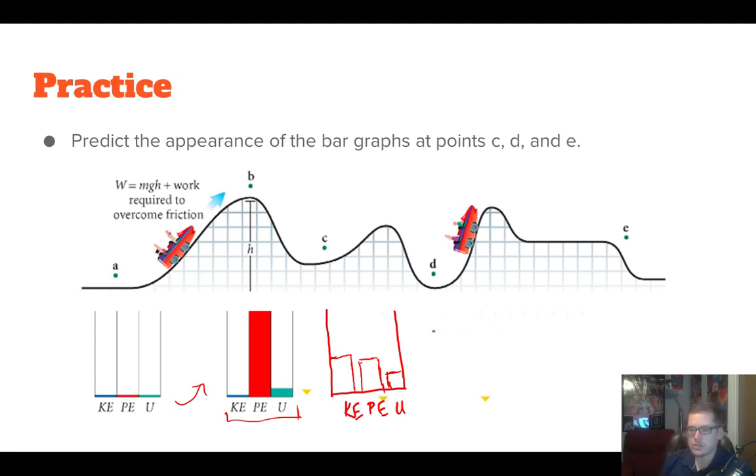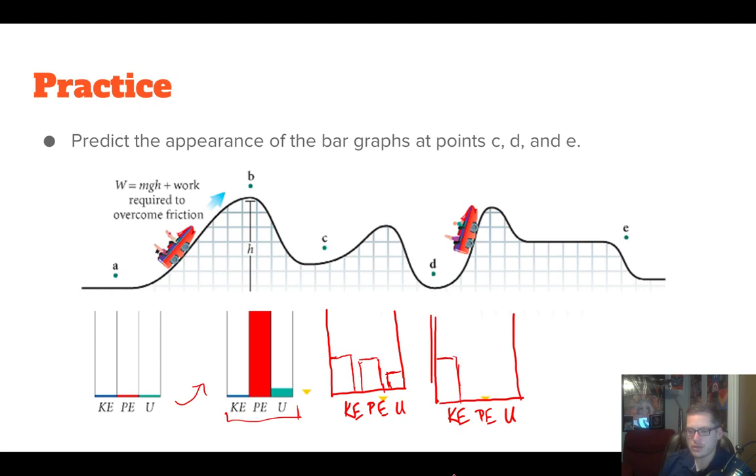All right, now let's try again, part D here. So we'll put D, and we have our kinetic energy, our potential energy, and our internal energy. What's our kinetic energy going to be like? It should be pretty good because we're even farther down, so we should be moving pretty good.